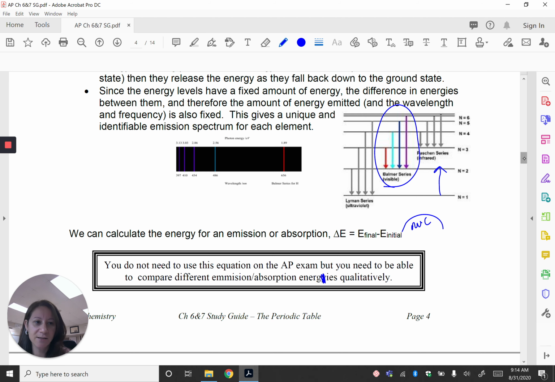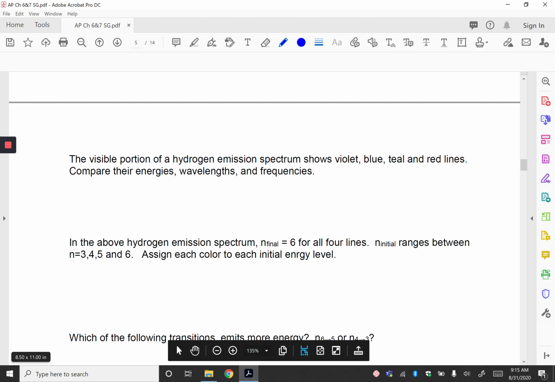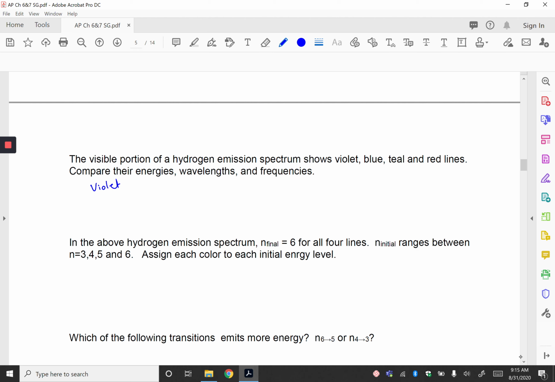So the question asks you to compare their energies, wavelength, and frequencies. So let me go ahead and close my picture here. So we have violet, we have blue, we have teal, and we have red.